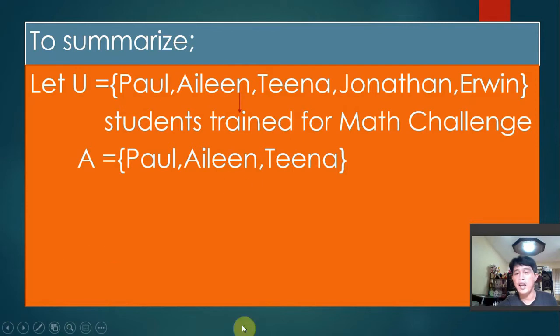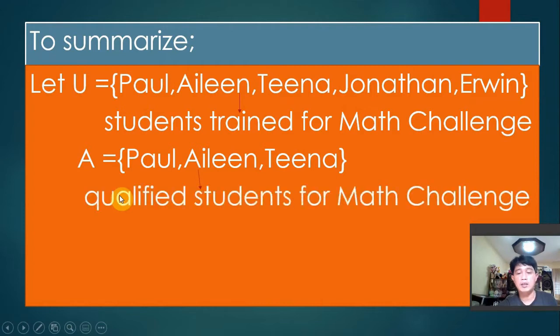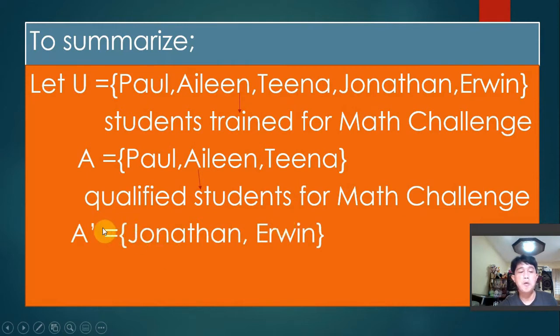So Jonathan and Erwin were not selected as final participants. Therefore, because Jonathan and Erwin were not included in set A, Jonathan and Erwin are the complement of set A.